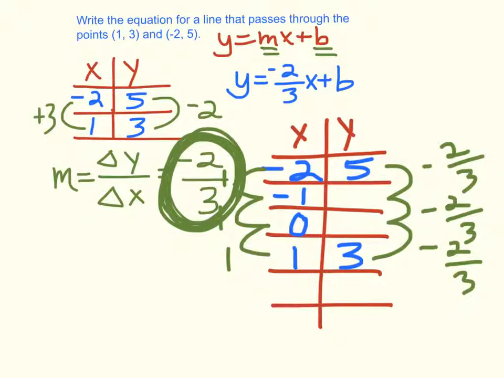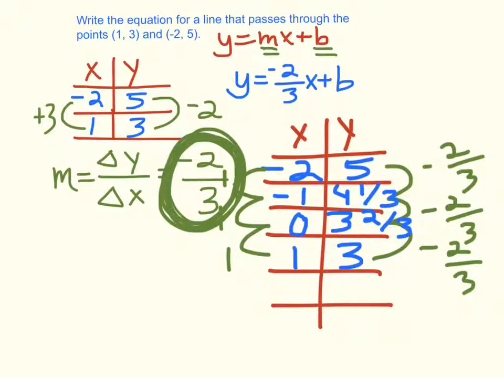So I'm going to take the 5, I'm going to subtract 2/3 and write my next y value, subtract 2/3 again, and write my next y value there. So 5 minus 2/3, well that is just, let's see here, that's 4 1/3. And then if I subtract 2/3 again, that's going to be 3 2/3.